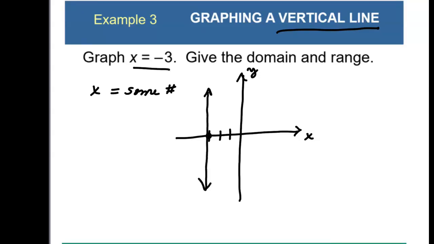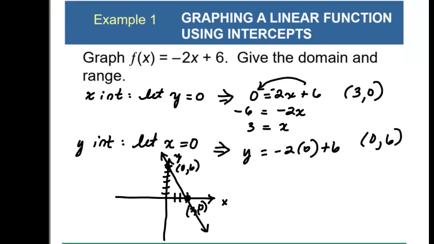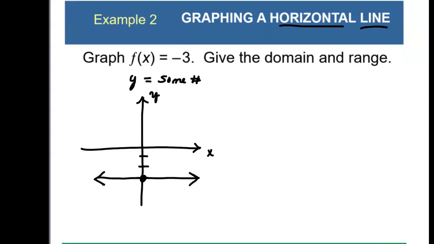Okay, let's go back now and talk about domain and range for all of those problems that we just graphed. So for the first one, the domain and range is all real numbers. For the second function that we graphed, we have the domain is all real numbers because x can take on any real number.